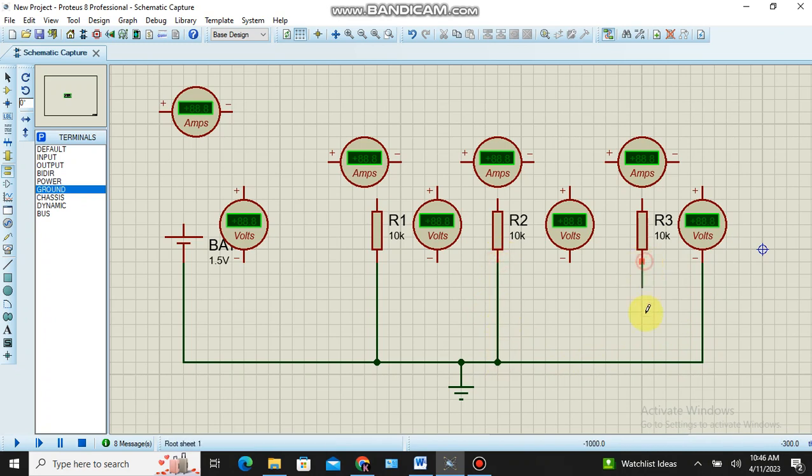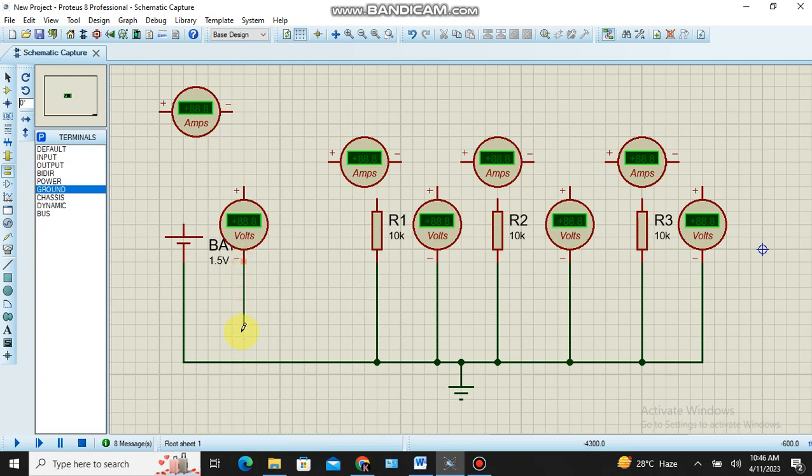See, for all 3 resistors, the second end is connected to the ground. A voltmeter should always be connected in parallel in the circuit, so all the voltmeters' second terminals are connected to the ground.